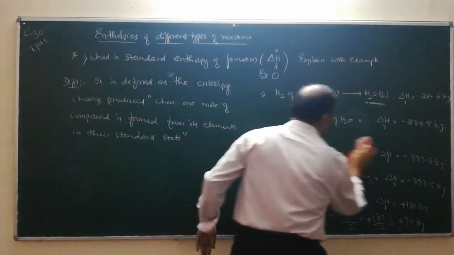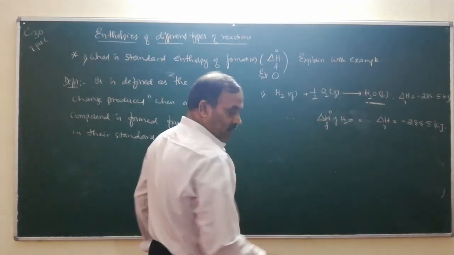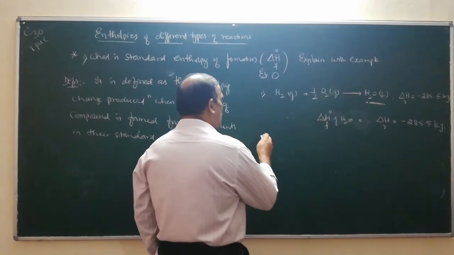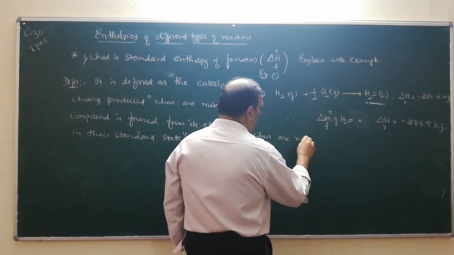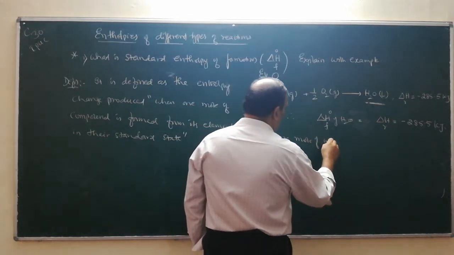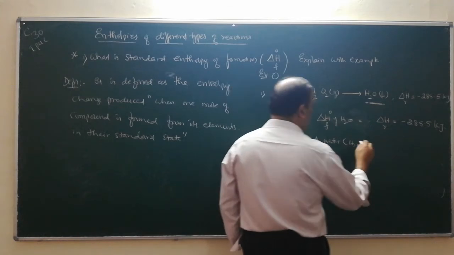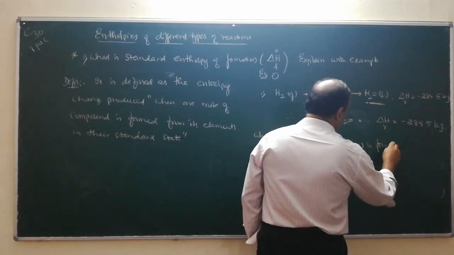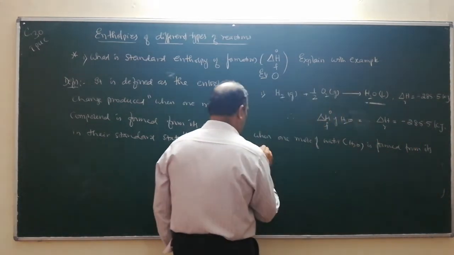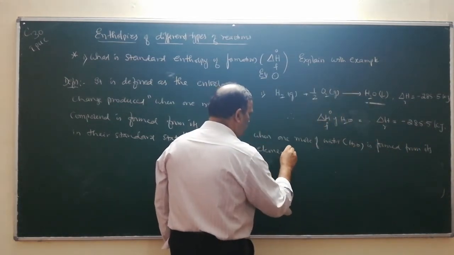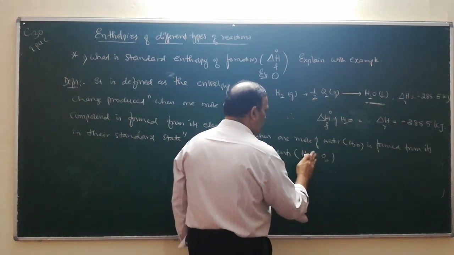Now write down, so this reaction can be read as when 1 mole of water is formed from its elements. When 1 mole of water is formed from its elements, what are its elements?